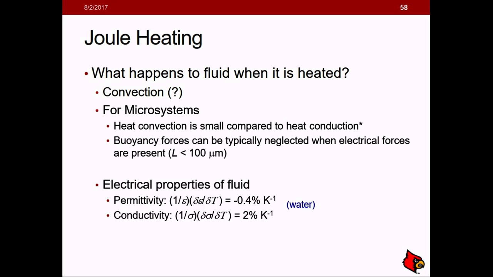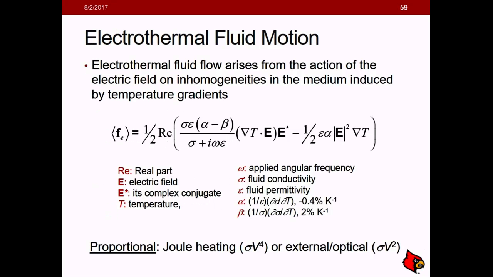But the electrical properties do change. Per degree change, there is a decrease in permittivity and an increase in conductivity. So if you have a fluid that has a gradient of permittivity and conductivity, and you apply an electric field across it, you will generate a body force, an electrothermal fluid body force, which is frequency dependent.